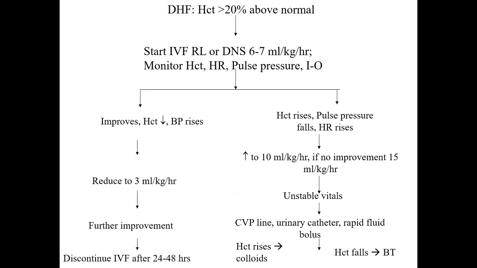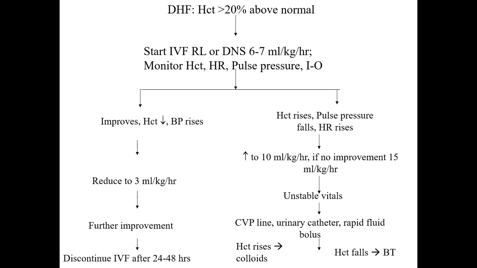During the infusion, we have to monitor the patient's hematocrit, heart rate, pulse pressure, and intake and output record. If the patient improves and hematocrit drops back to normal and BP rises, then we reduce our infusion rate to 3 ml per kg per hour, and with further improvement, discontinue the IV fluids after 24 to 48 hours.